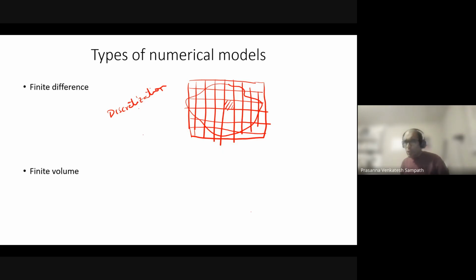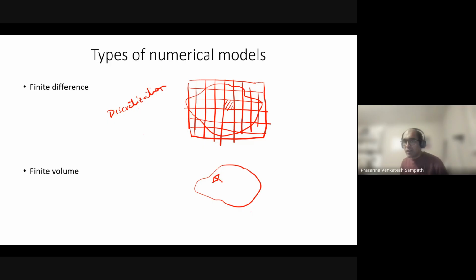Now, in a finite volume, again, I will try to restrict myself to a very simple way of defining this. A finite volume model can also be similar to a finite difference. I can have these square or rectangular boxes also, but typically in finite volume, I can also break it up into smaller triangles.